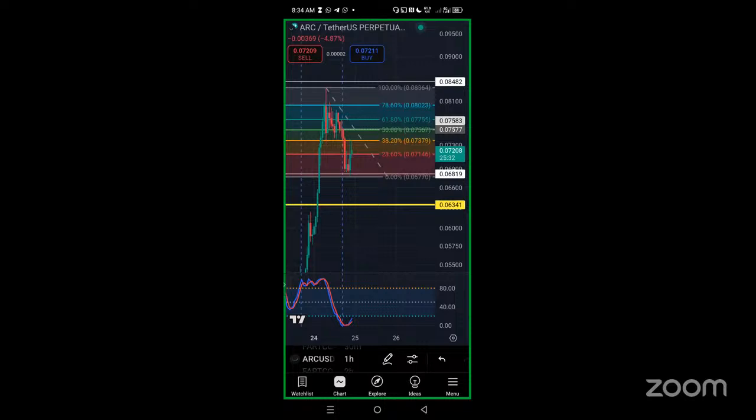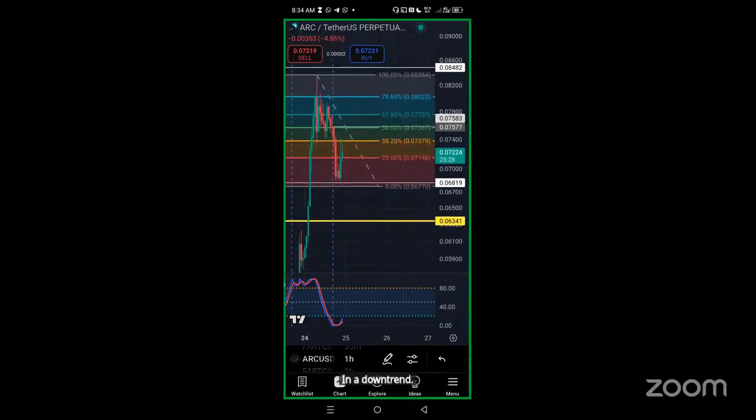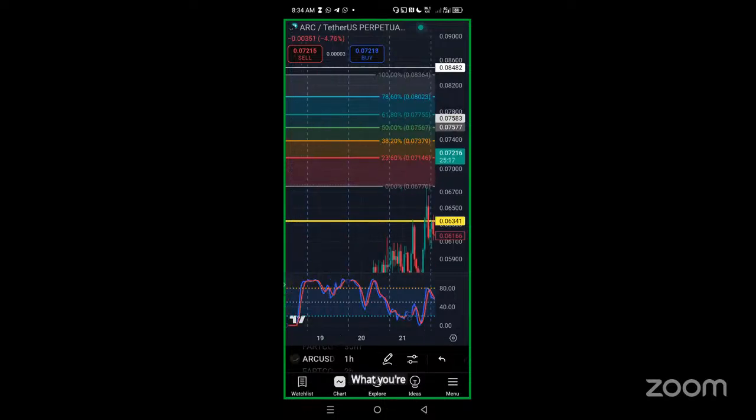Now, in a downtrend, ladies and gentlemen, this is what normally happens. Let me first delete this. In a downtrend, what you're looking out for is this. What is this?